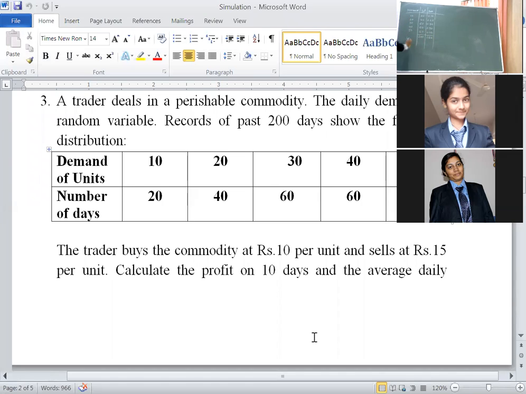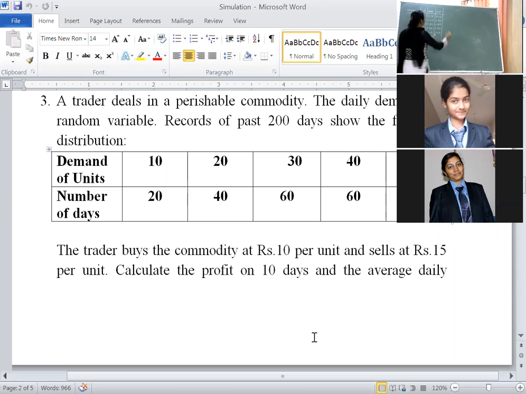That means the calculations you have done are correct. Then cumulative probability. How did we make it in the earlier problem? Same way: 0.10, 0.30, 0.60, 0.90, 1.